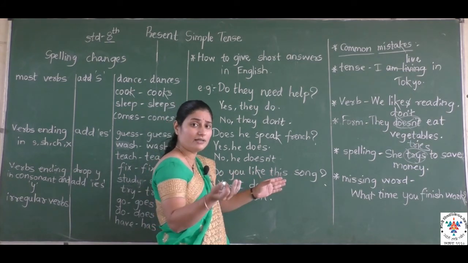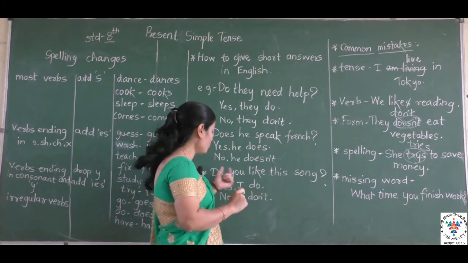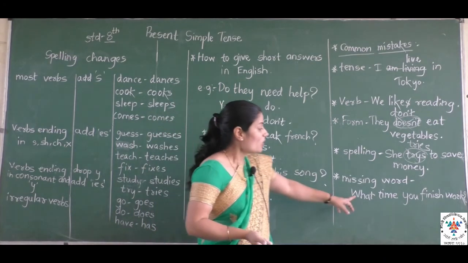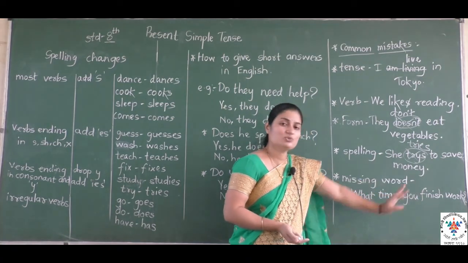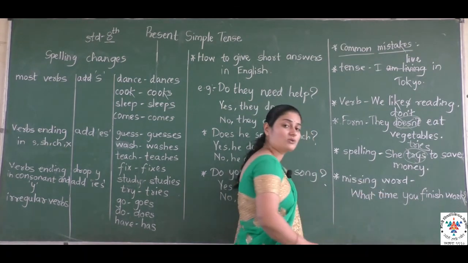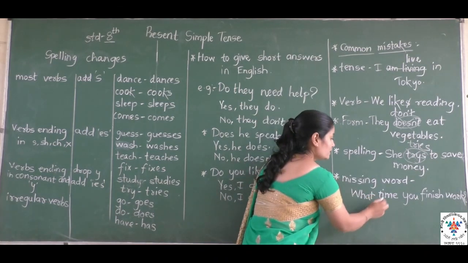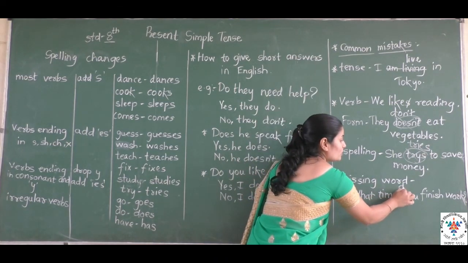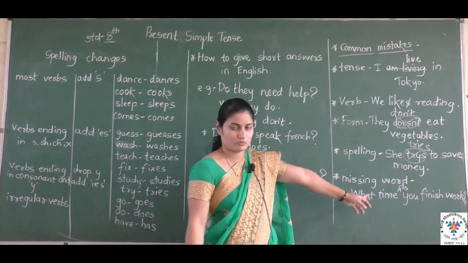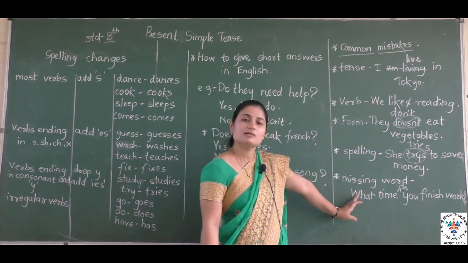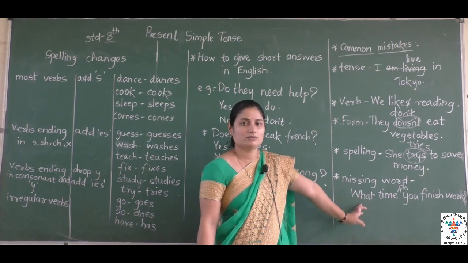If you add a WH word before the do, it becomes a WH question. So what time you finish work? What is wrong here? The helping verb is not used. What time do you finish your work? So this is the last mistake or error students make.